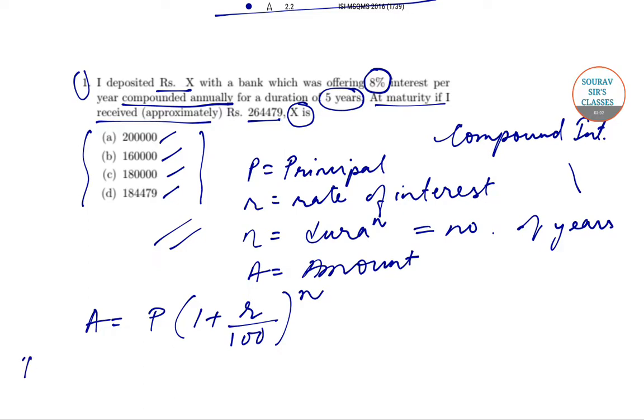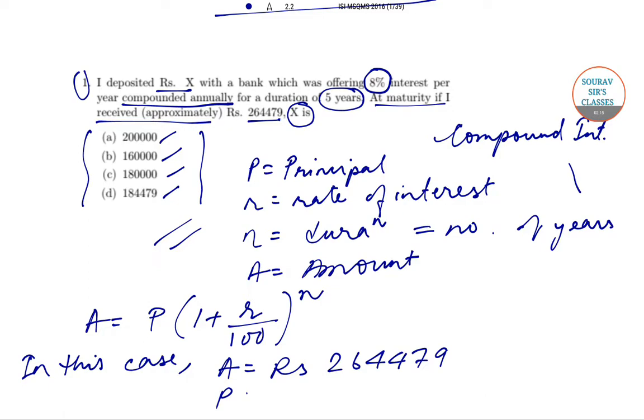In this case, A is equal to rupees 264479. P is equal to rupees X. The rate of interest R is equal to 8%, and the time N is equal to 5 years.